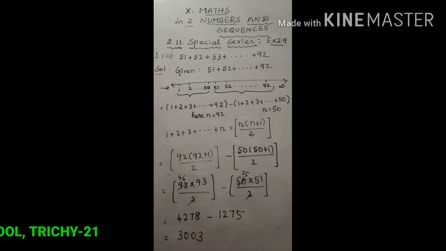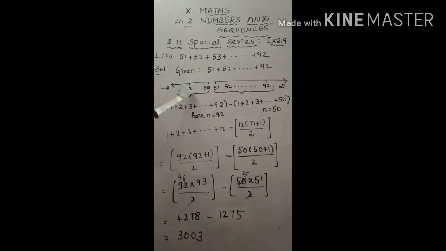In the exercise 2.9, first Roman, third sum, find the sum of the given series 51 plus 52 plus 53 up to 92. Here this series starts in the middle, because the natural numbers start with 1, 2.